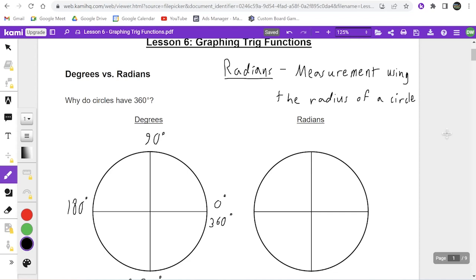And you may be wondering, what does that mean? Well, basically, all circles have something in common. In other words, if you were to take the radius of this circle or a bigger circle or a smaller circle, it doesn't matter. The radius is going to help us define the circumference or the arc length of any circle out there.